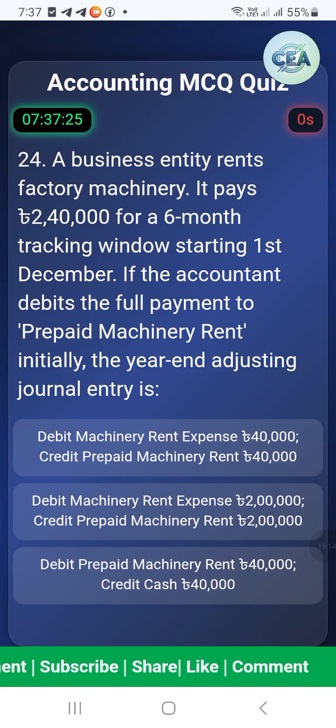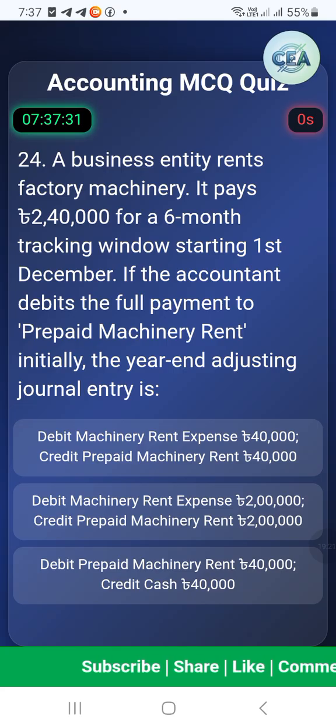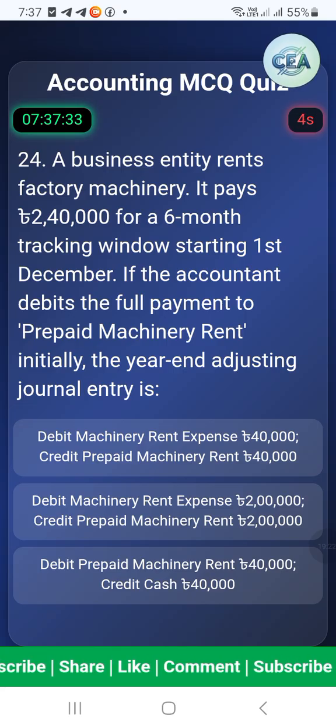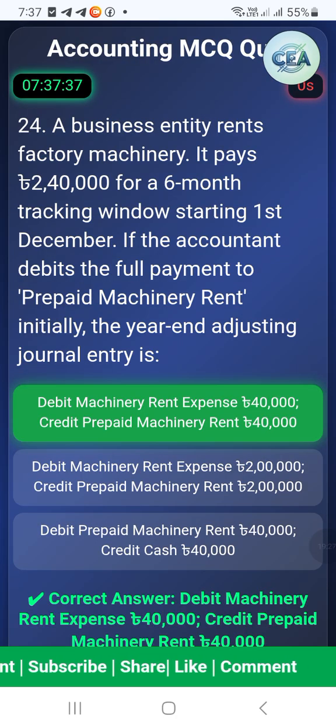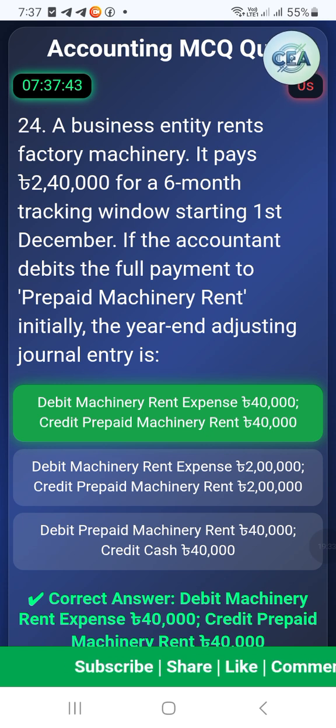Option 3. Debit prepaid machinery rent 40,000 takas, credit cash 40,000 takas. Correct answer is debit machinery rent expense 40,000 takas, credit prepaid machinery rent 40,000 takas.